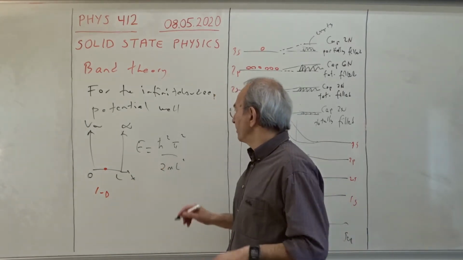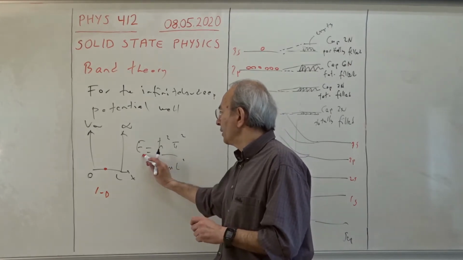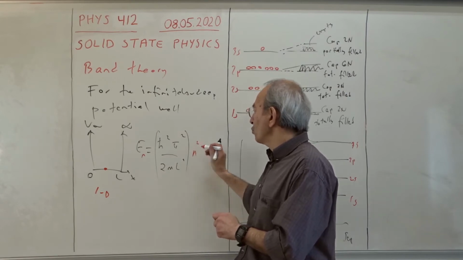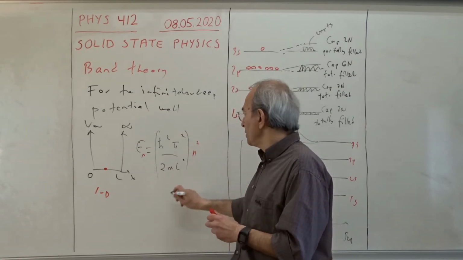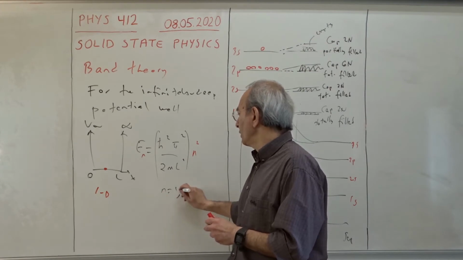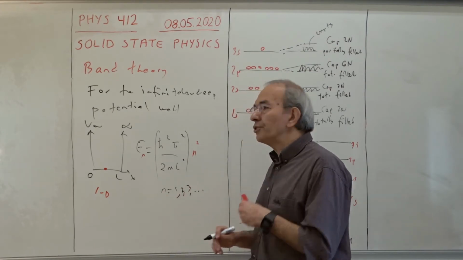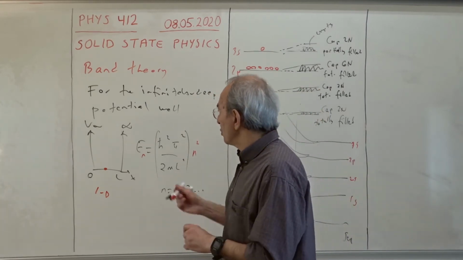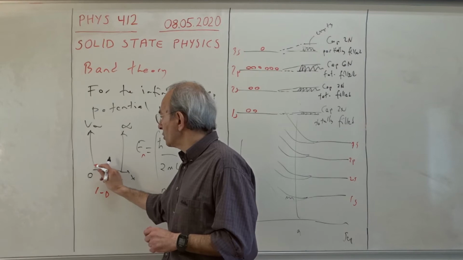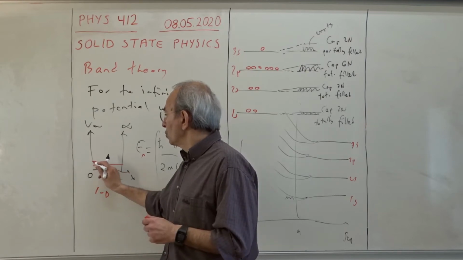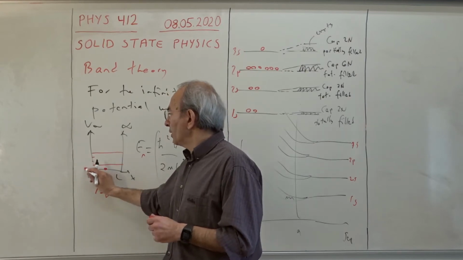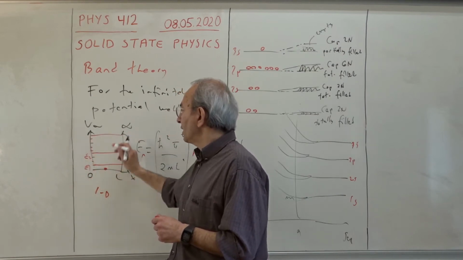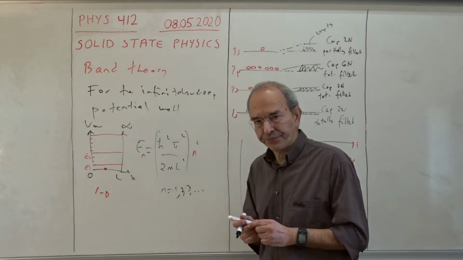These energies, En, are this quantity multiplied by n squared, as we remember, and n takes integer values 1, 2, 3, so in each case you have to take the square. So the allowed energies for such a box are E1, E2, and so on. We have seen these cases.